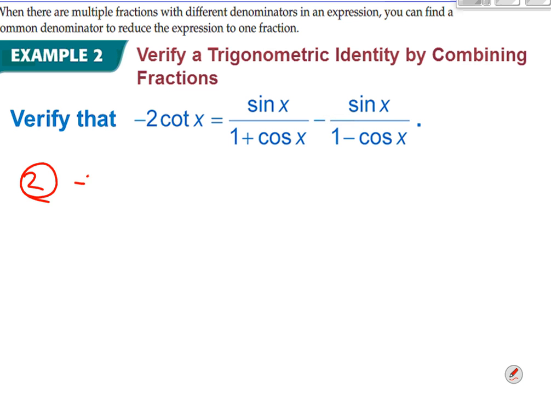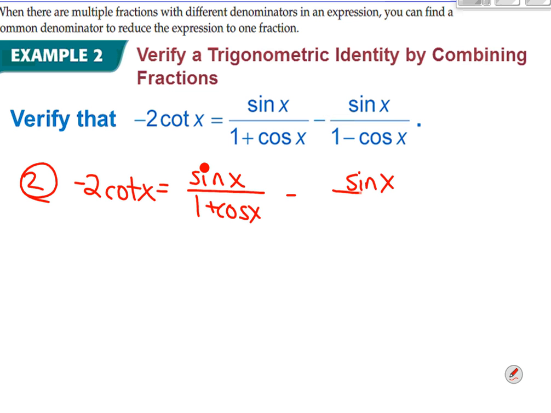Verify that negative 2 cotangent x is equal to sine x over 1 plus cosine x minus, and I'm actually just going to leave a little luxury room because I feel like I'm going to get a common denominator. So I'll just set this other one a little further away. 1 minus cosine x.